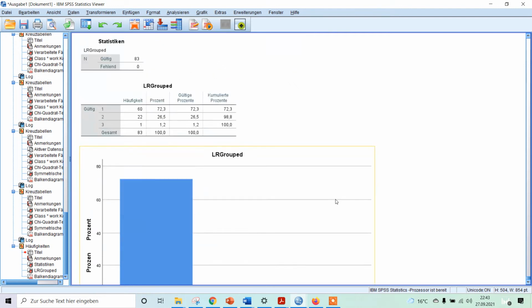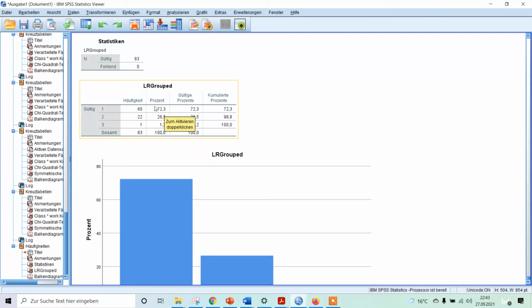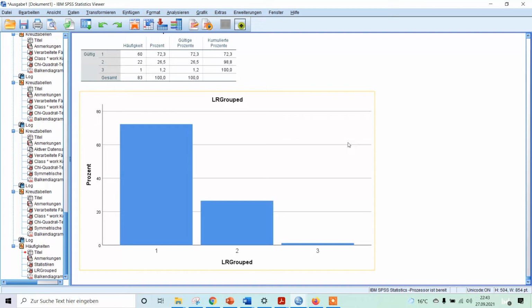So here we have our frequency table. First the absolute frequencies, then the relative frequencies in percentage. So 72% are on the left side. Maybe I've made the left side too big, 1 to 4 is a lot. So we have 26.5% in the center and 1.2% on the right side in this case.